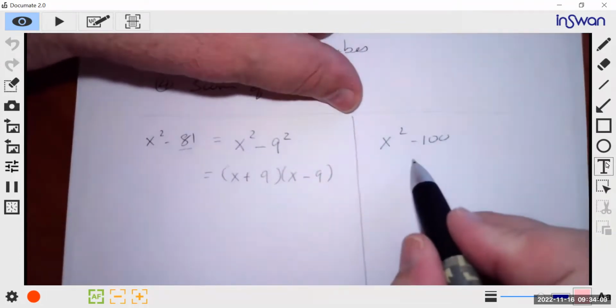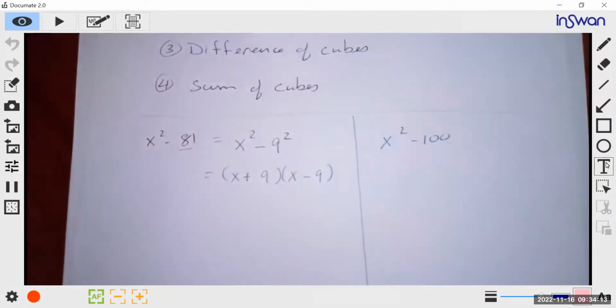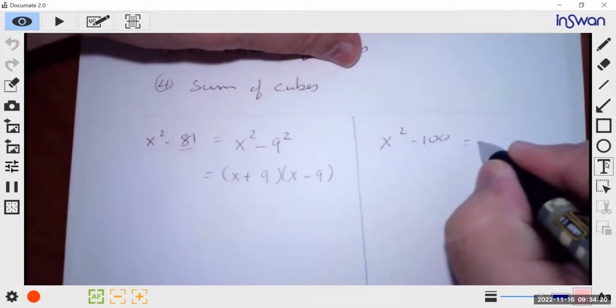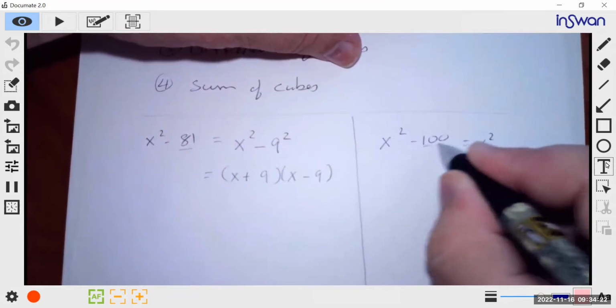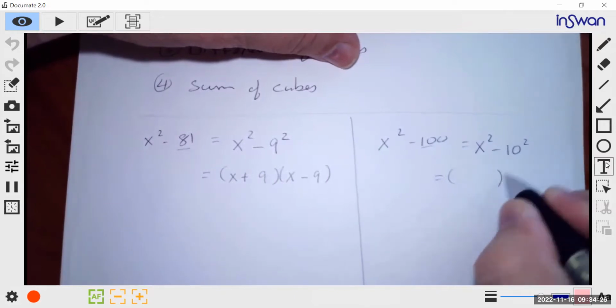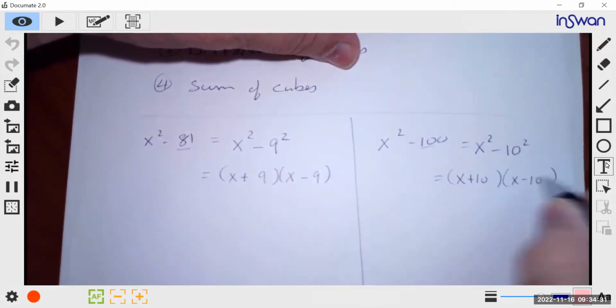How about this one? Two terms. There's a minus in between there. Are they both squares? 100 is the same thing as what? 10 squared. So the answer is x plus 10, x minus 10.